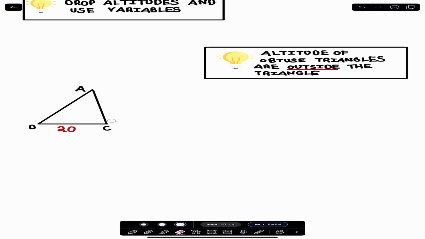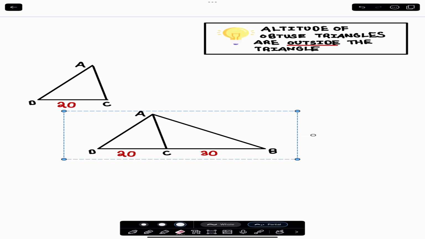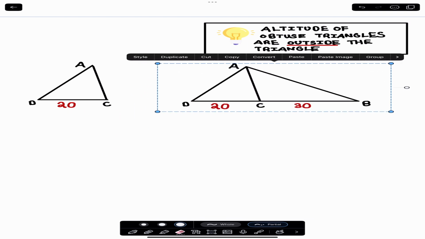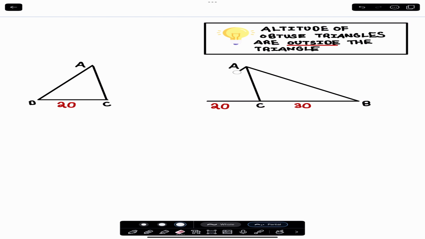Leaving this left side, we only have triangle ACD, and then I'm going to erase the left side again over here and leave us with triangle ABC. The erasing might not be perfect, but I'd say that's good enough for now.